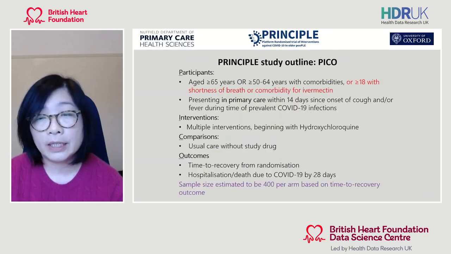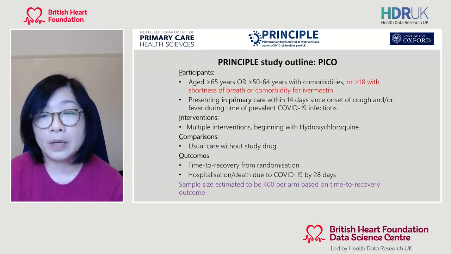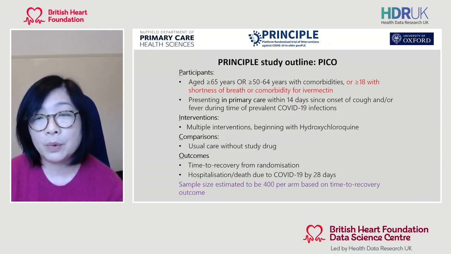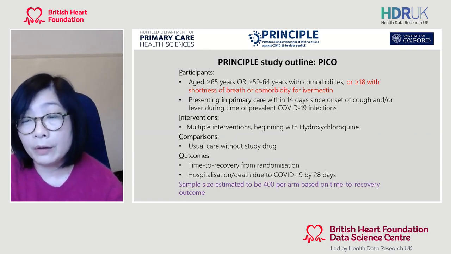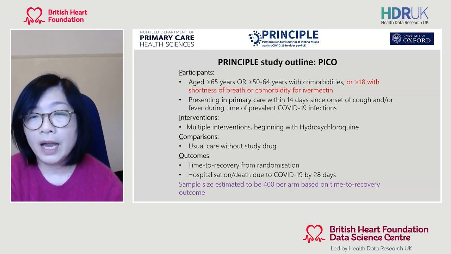So the study itself, this is what I call the PICO of the trial, which shows the patient populations that we're looking at: basically people who have COVID symptoms within 14 days of onset, and who are either above 65 or aged 50 to 64 with some listed comorbidities.